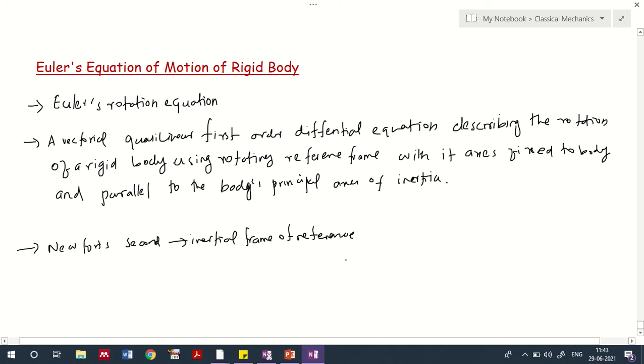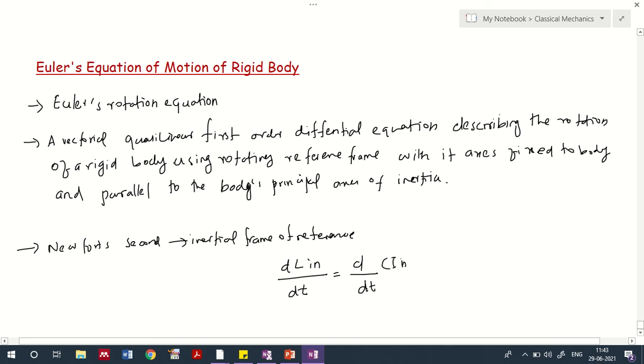For your understanding, just note that dL_in/dt is the angular momentum rate of change in the inertial frame of reference, and the corresponding representation for Newton's second law.